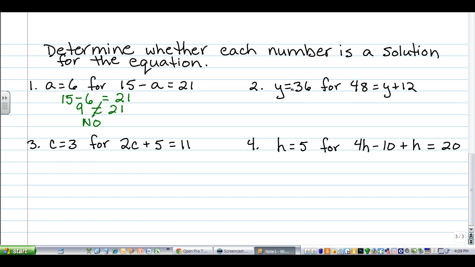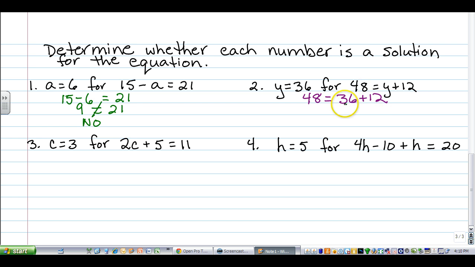Let's try over here. This one says y is going to equal 36. 48 is equal to y plus 12. So it tells us if it's a y, I have to plug in the 36. All right, so I'm going to rewrite the problem, putting in my y. 48 equals 36 plus 12.